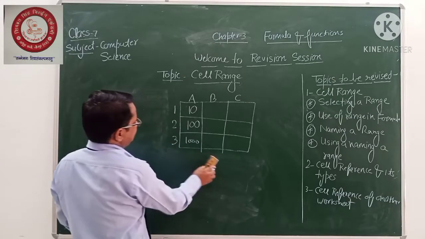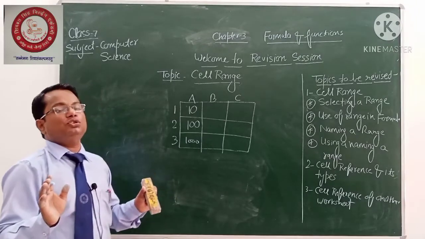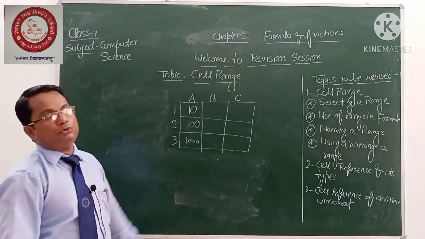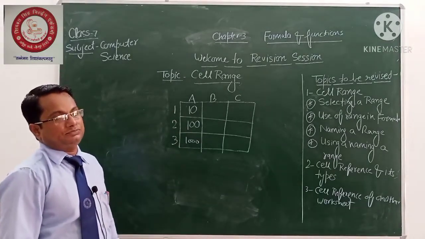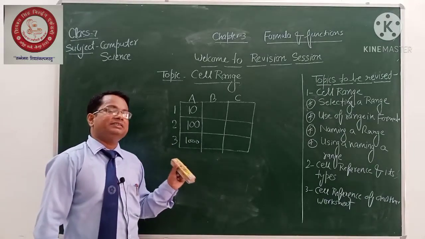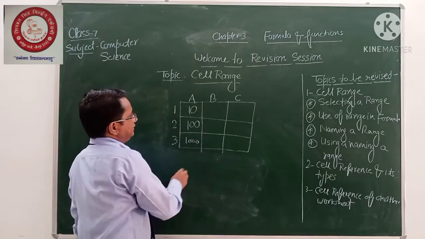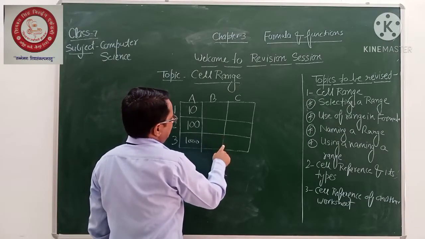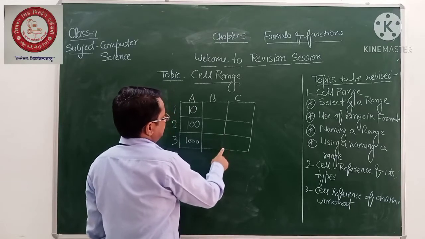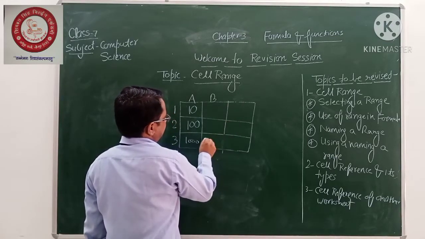Once your name is defined, you have to open your Excel sheet and go to the particular sheet where the data is available. So this is my data. Suppose I want the sum in this cell.